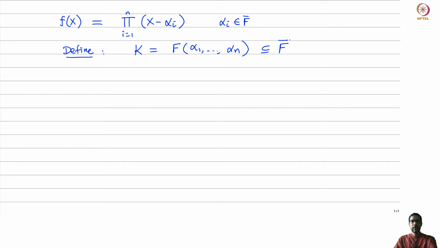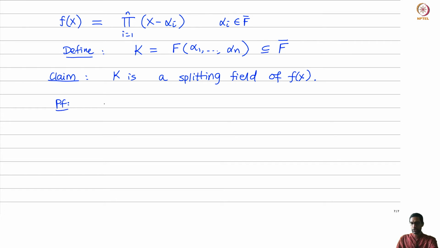So we have a candidate now, which is inside the chosen algebraic closure, and now it's just a question of checking the properties. Claim: K is a splitting field of this polynomial f(x).